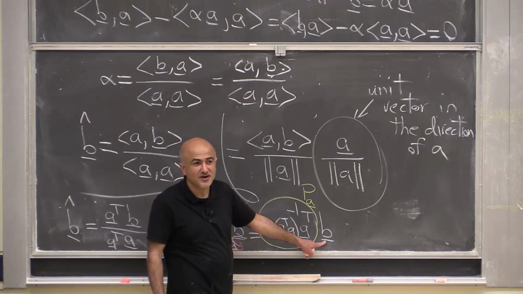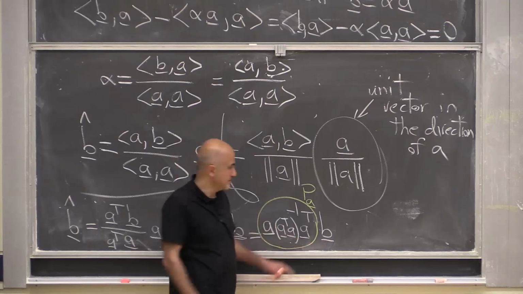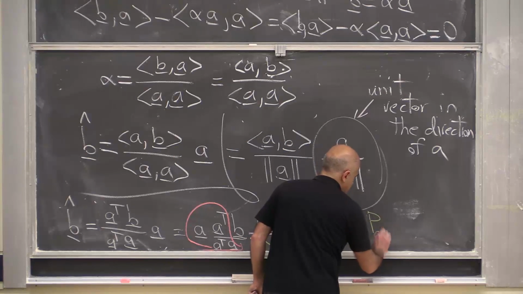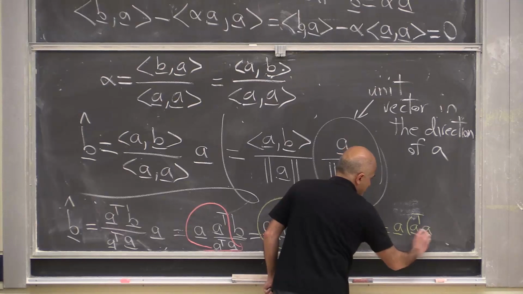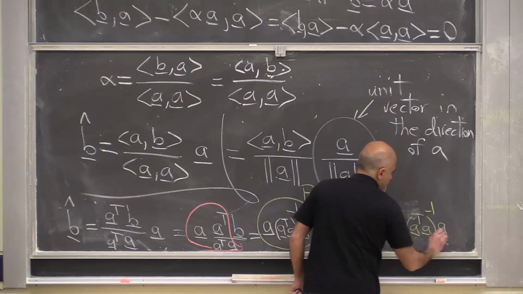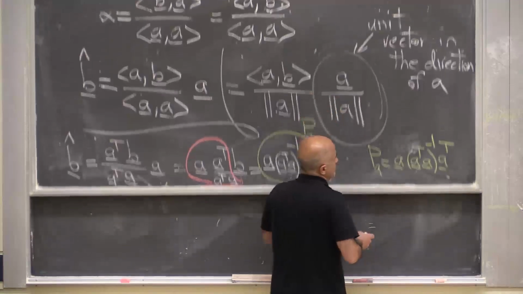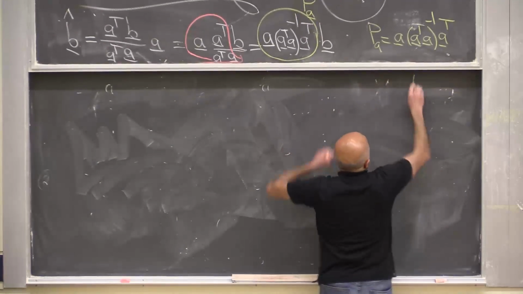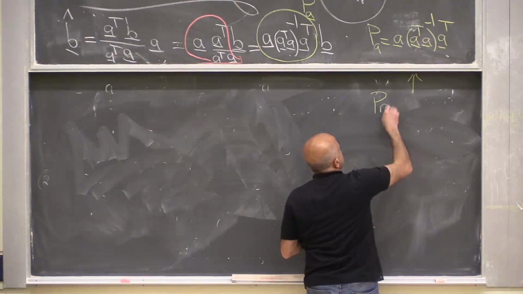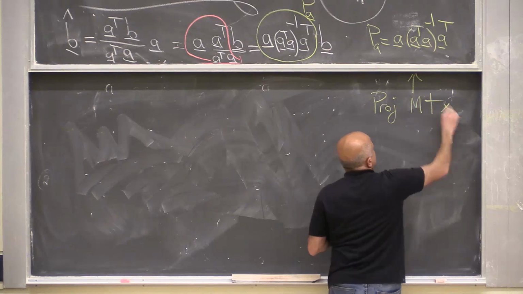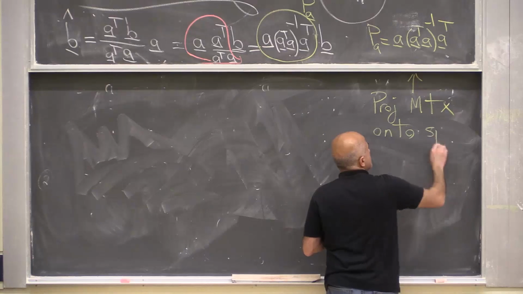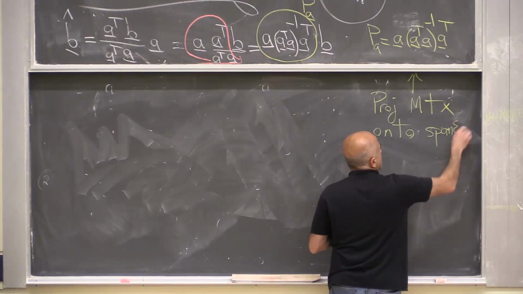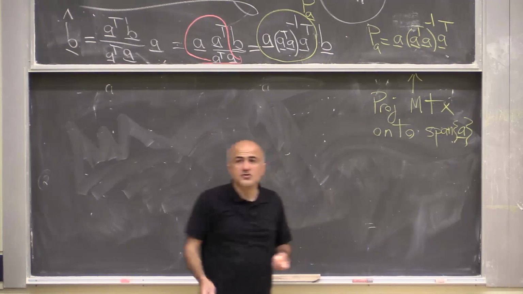Projects it onto the axis defined by A. So PA, which is A transpose A inverse A transpose, is a projection matrix onto the span of A. So you give it any vector.